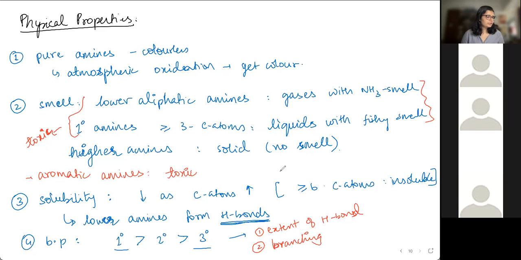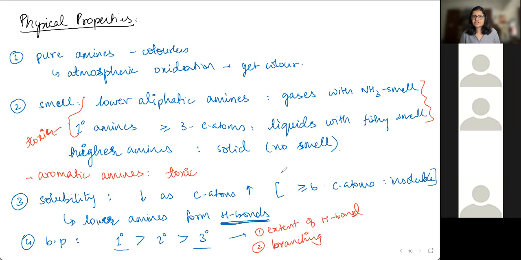Yeah, these are all the physical properties. Chemical properties, just to give you guys an overview: the main thing is basic character. Like we looked at acidic character in the case of phenol and carboxylic acids, for amines we look at the basic character. Same thing. What affects the basicity? Why is the basicity there?